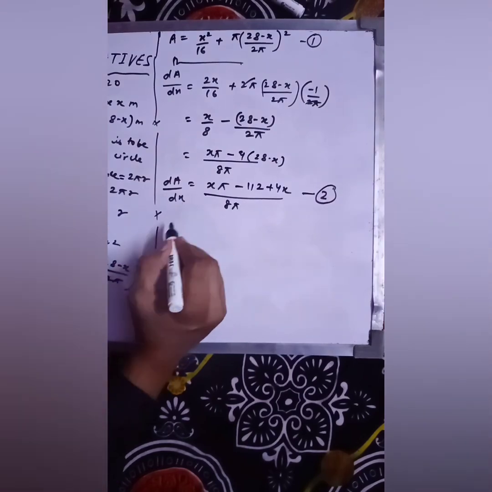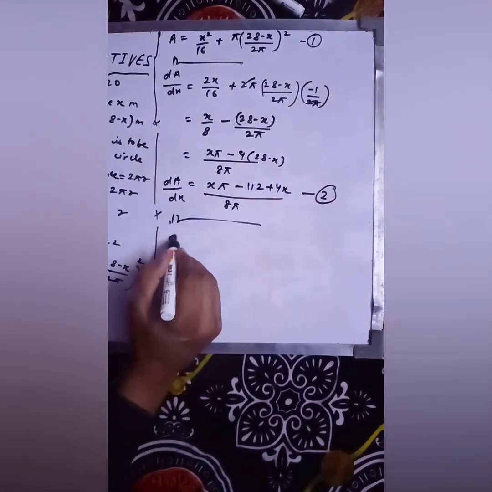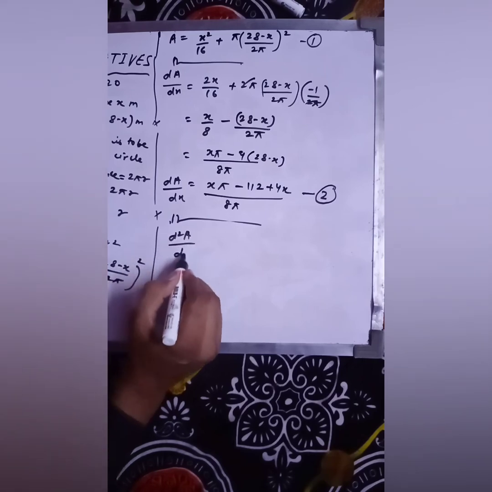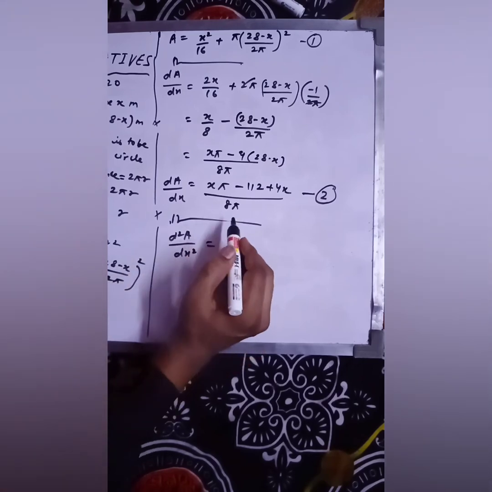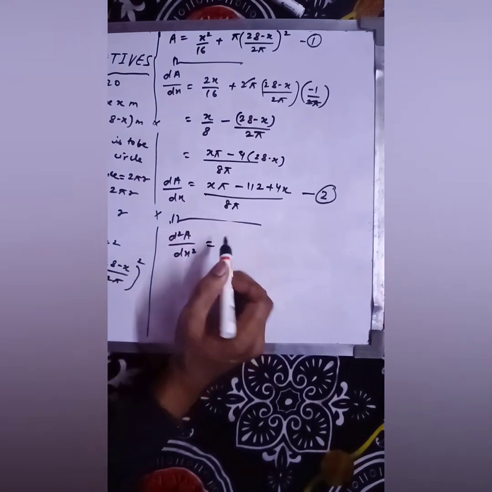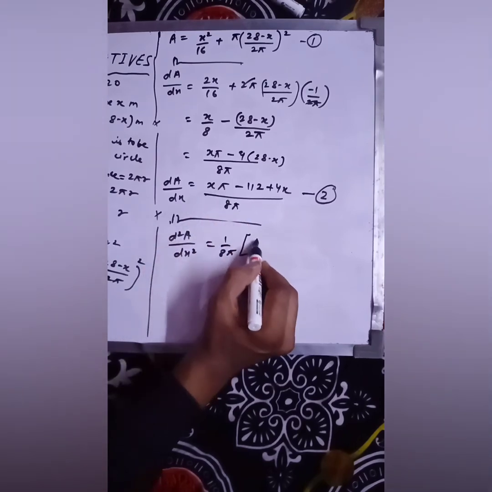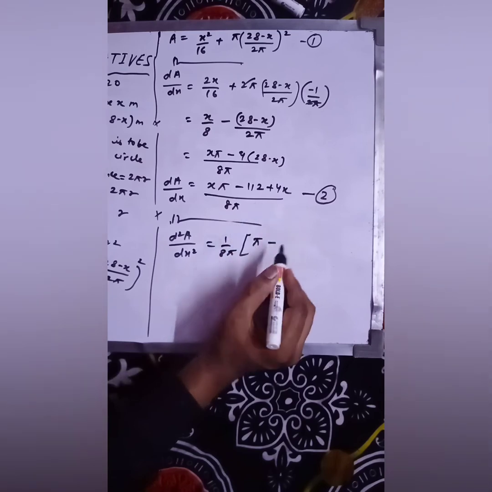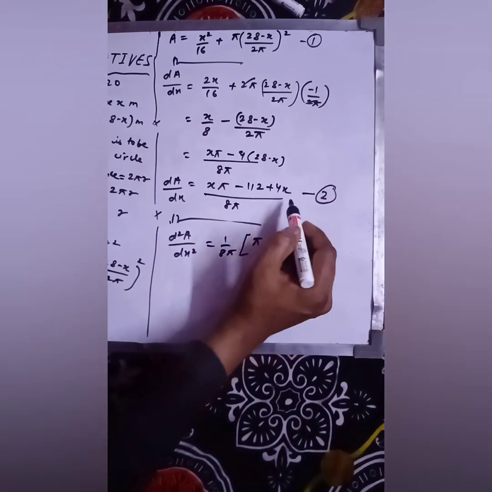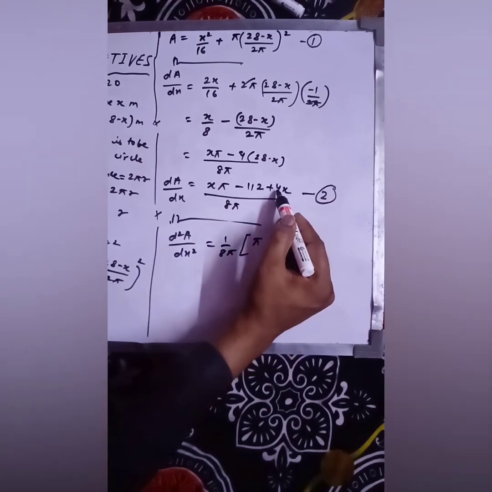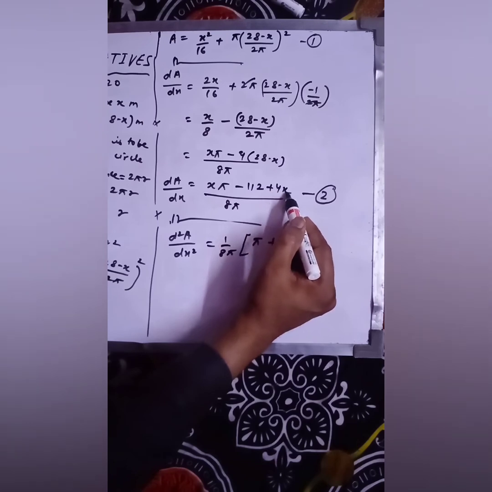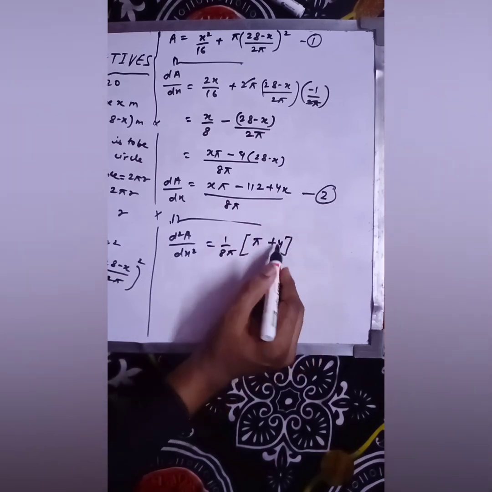Now again we are differentiating this. When you differentiate this, 1 by 8 pi is a constant value. So x pi gives pi, the constant gives 0, and 4x gives 4 only, because the derivative of x will be 1. So you get a positive value here.